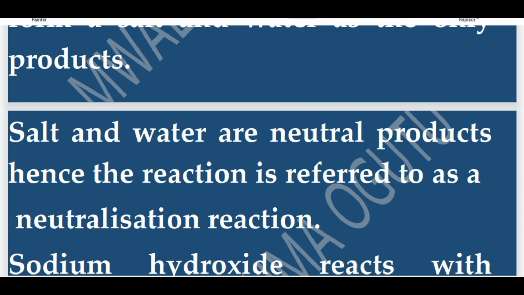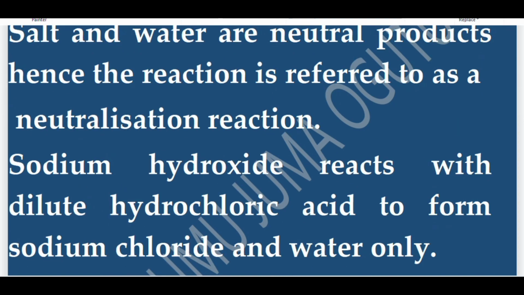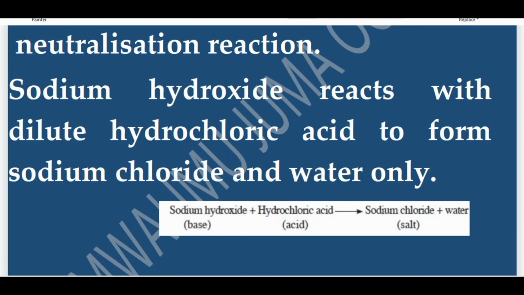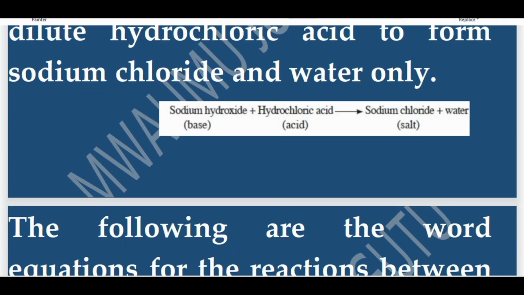A reaction between a base and an acid is a neutralization reaction because all the products formed are neutral. They are neither acidic nor basic. So sodium hydroxide reacts with dilute hydrochloric acid to form sodium chloride and water only as the products, and sodium chloride and water are both neutral. That's why the reaction is a neutralization reaction.